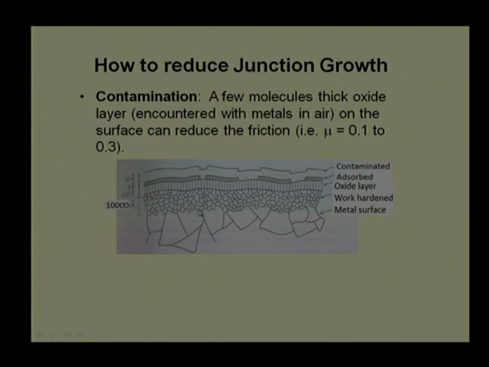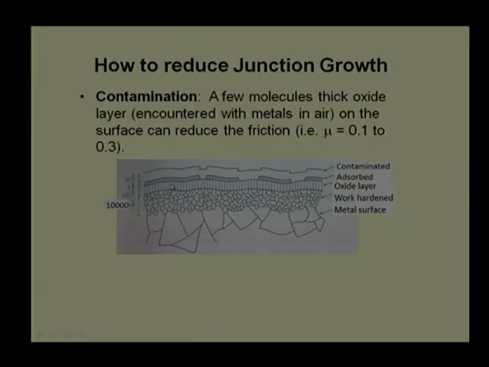When the material is virgin, its behavior will be different. If it has, say, a 10 micron work hardened layer, its interface shear strength will change, or its interaction with other material will change. Next is the oxide layer. Even a 100 angstrom oxide layer can change the interface shear strength.